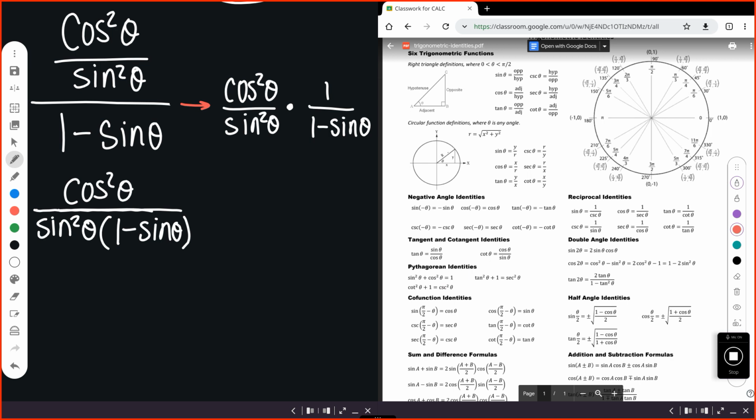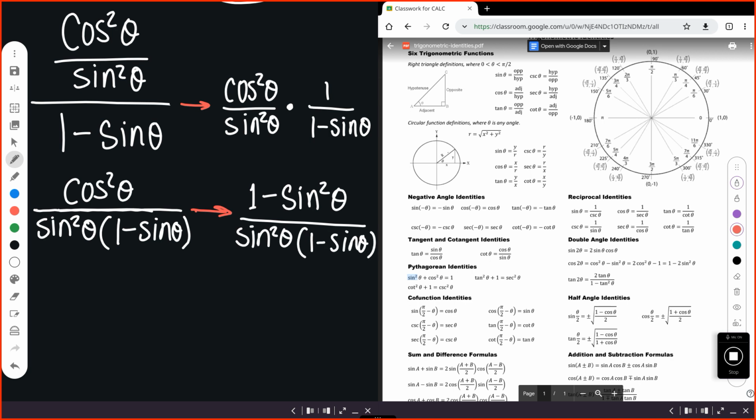So if we subtract it from both sides, we end up with something like this. One minus sine squared theta, because all of this that I just wrote is equal to cosine squared theta, and that is being divided by sine squared theta times 1 minus sine theta.